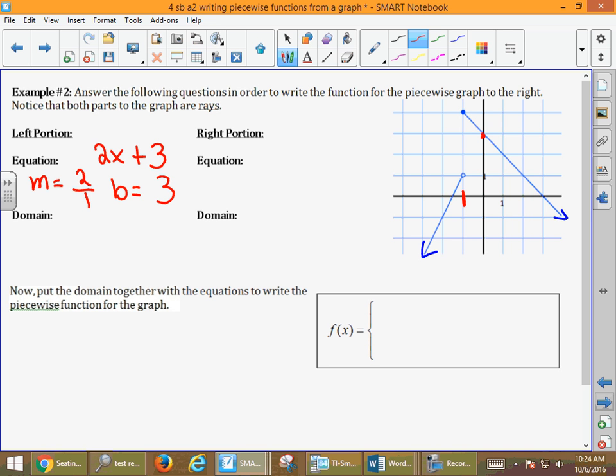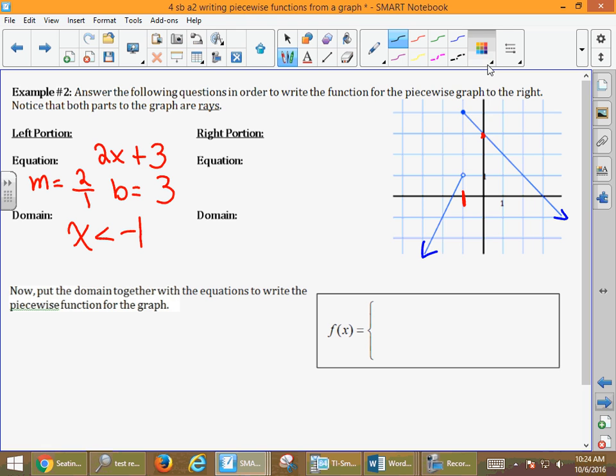So the way that we can indicate that domain with an inequality is we can say that x is less than -1. The only other question is, are we going to have an equal to in that problem? And what we see is it's an open circle. So no, we're not going to have an equal in that.